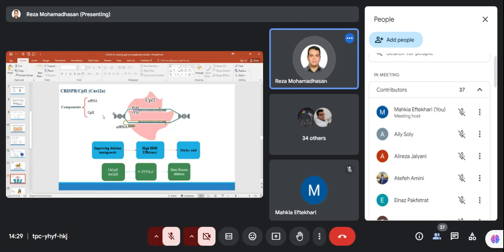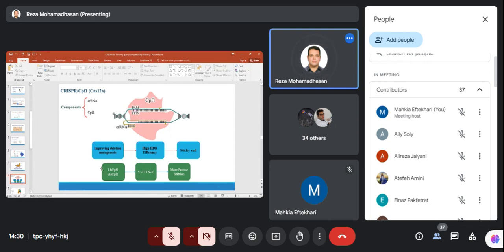One of the most important items of the system is a bit longer PAM site. You can see here, and also I think it's better to find the sequence.